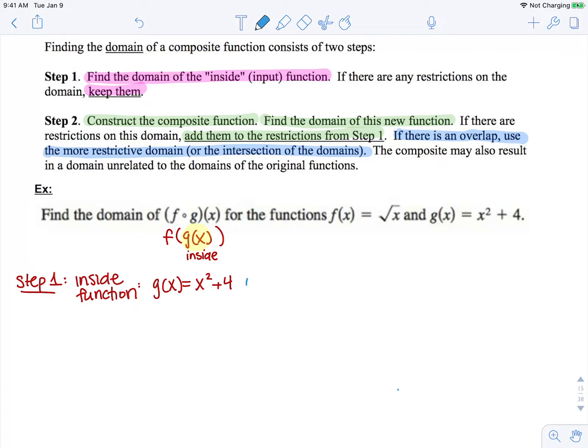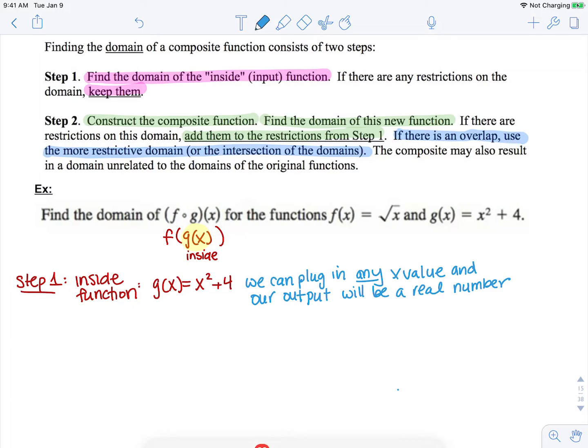Well, for this function, we can plug in any x value, and our output will be a real number. So that means the domain for our inside function g of x is all real numbers from negative infinity to infinity.